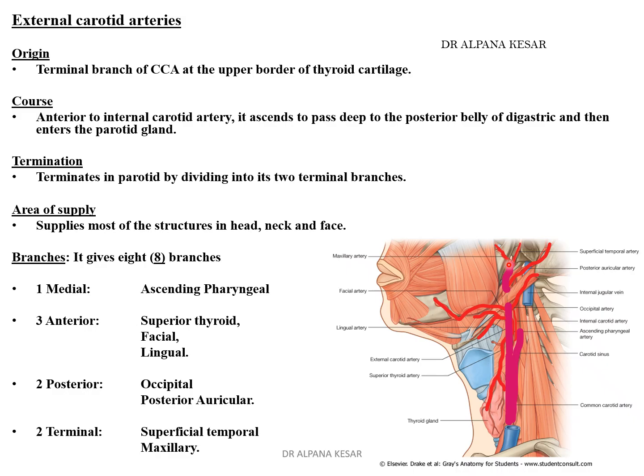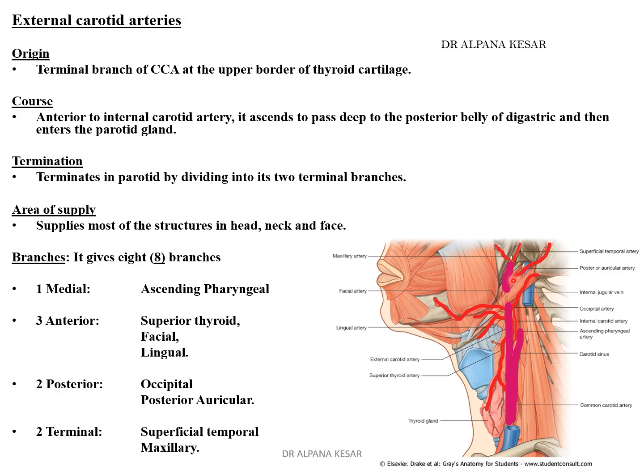External carotid artery gives 8 branches. One medial branch, which ascends along with the external carotid artery, is known as ascending pharyngeal. 3 branches arise from its anterior border, and they are the superior thyroid, lingual, and facial.